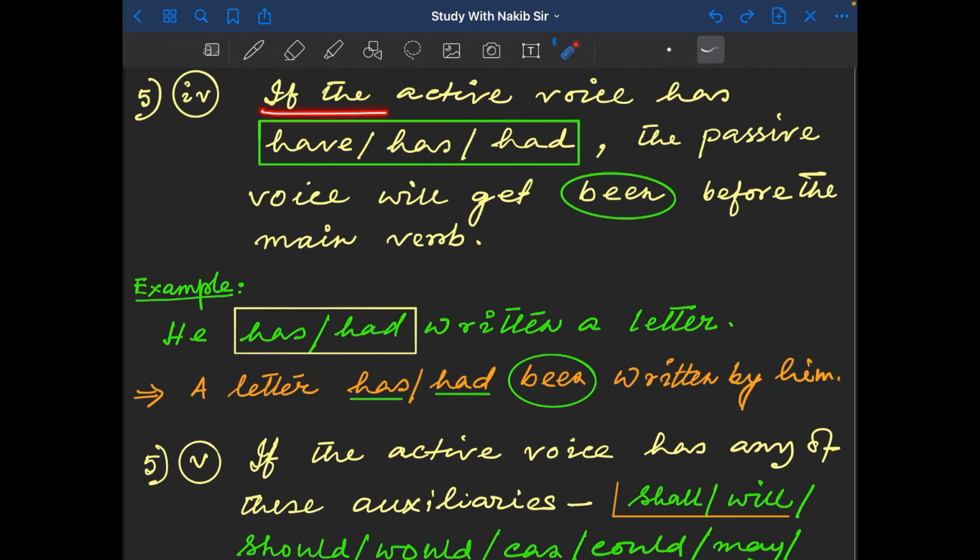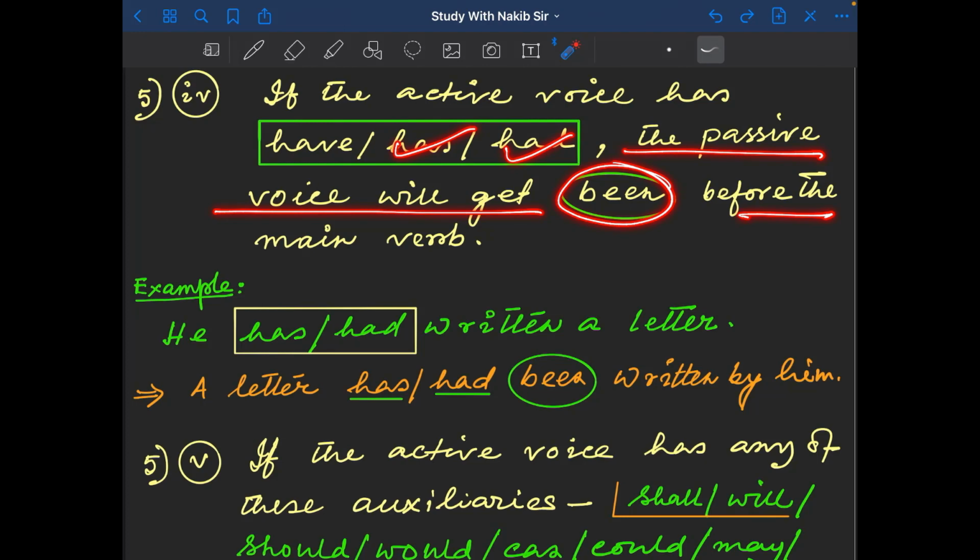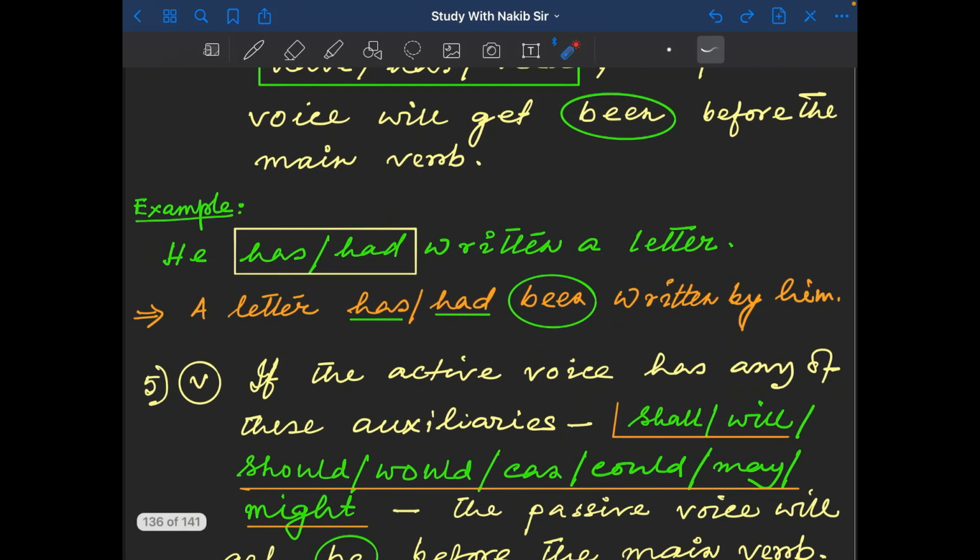See here, it is for the perfect tense. If the active voice has have, has or had, the passive voice will get been before the main verb. See the example: he has written a letter. He had written a letter.